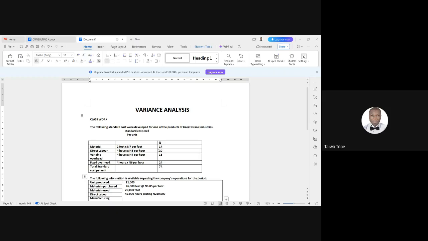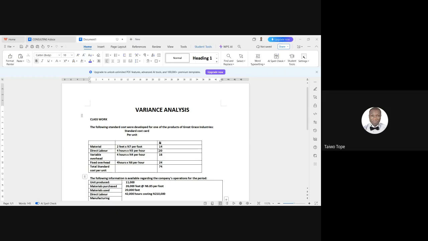So this fixed production overhead variance is a variance that represents under or over absorbed fixed production overhead. That is, total fixed production overhead variance is the difference between what?